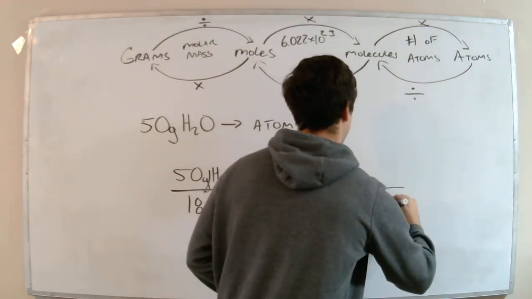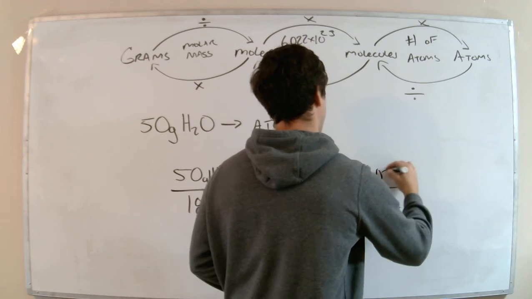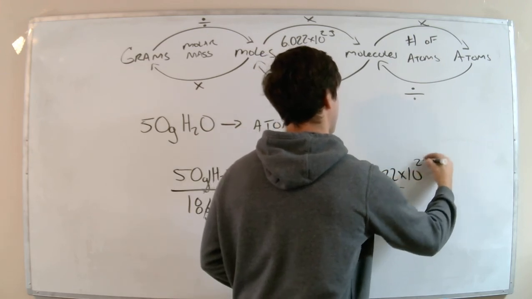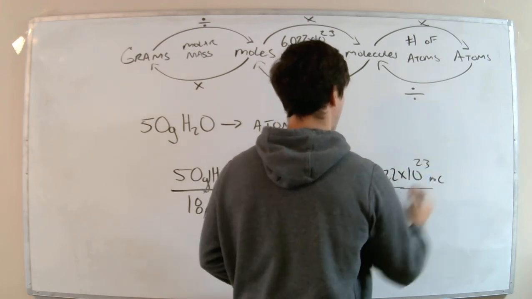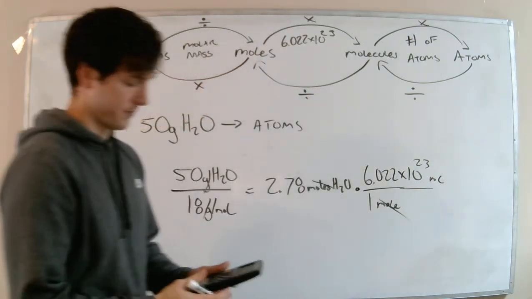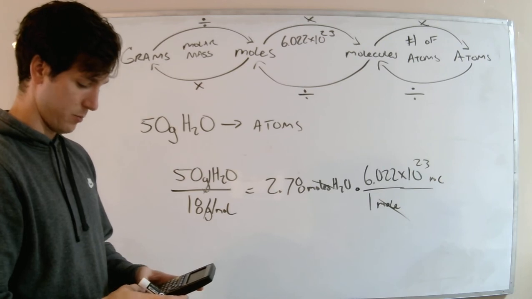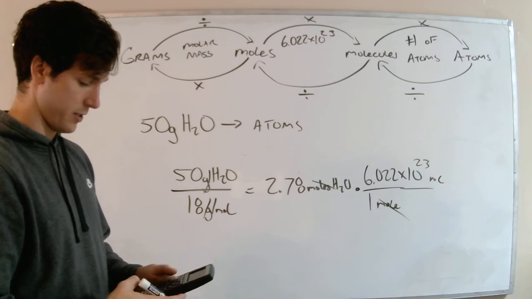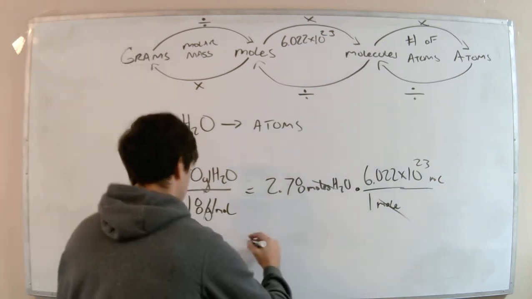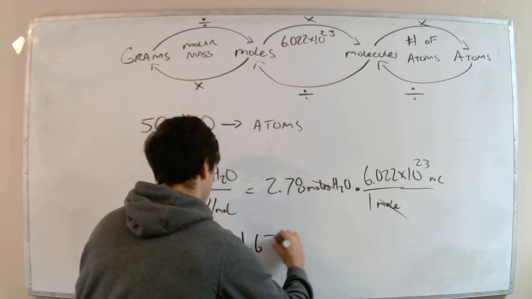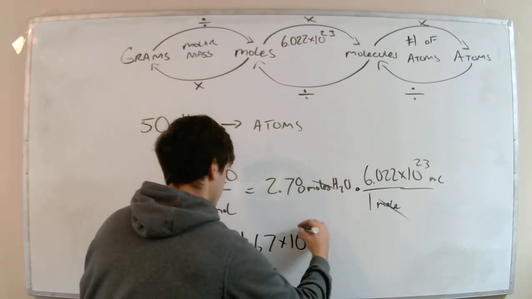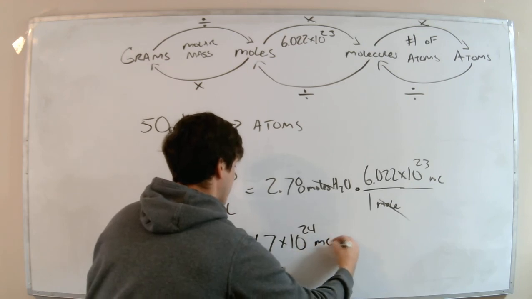For every 1 mole, there's 6.022 times 10 to the 23rd molecules. Moles cancel out. So let's go ahead and take 2.78 times 6.022 E to the 23rd. I'm going to move it down here, so I got 1.67 pretty much, times 10 to the 24th molecules.